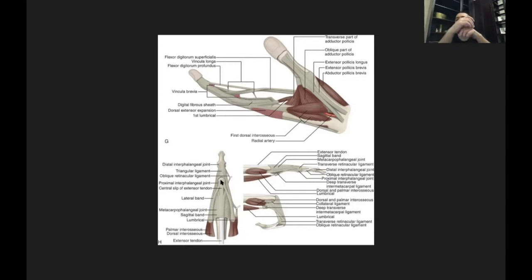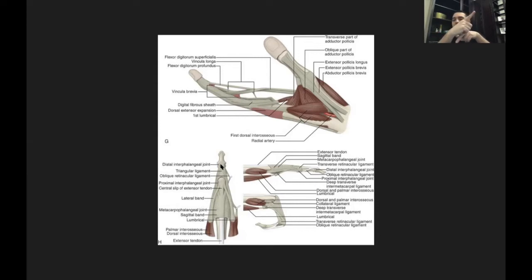So, the first part of the extension is made by the central slip here, and by the lumbrical muscle, and the full extension is made by the junction of the lateral bands here at the level of the base of the distal phalanx.